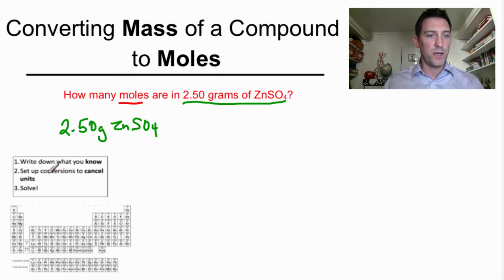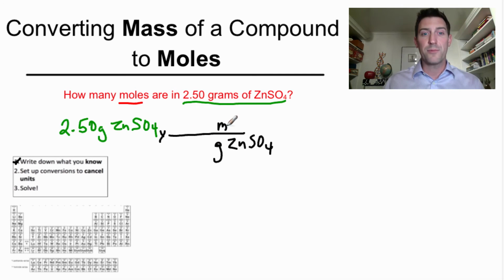So I wrote down what I know, and I need to next set up conversions to cancel the units. So I'm going to set up a conversion factor, and at the bottom down here I need to have grams of ZnSO4 so that will cancel this out. I can only turn grams into one thing. I can only turn grams into moles, which is why we're learning about moles. In moles of ZnSO4.